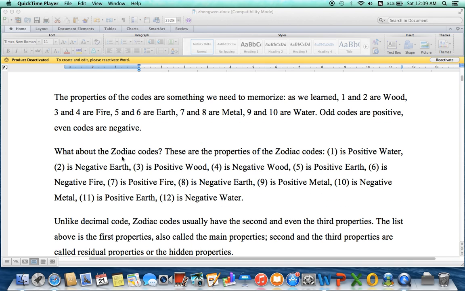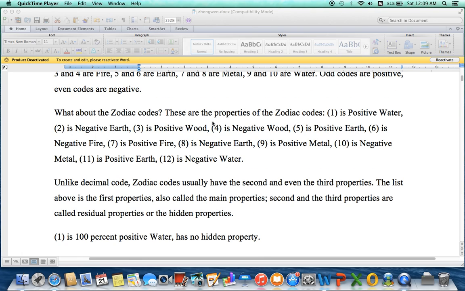What about the zodiac codes? These are the properties of the zodiac codes. 1 is positive water, 2 is negative earth, 3 is positive wood, 4 is negative wood, 5 is positive earth, 6 is negative fire, 7 is positive fire, 8 is negative earth, 9 is positive metal, 10 is negative metal, 11 is positive earth, and 12 is negative water.